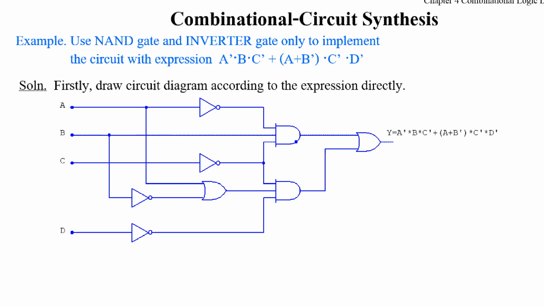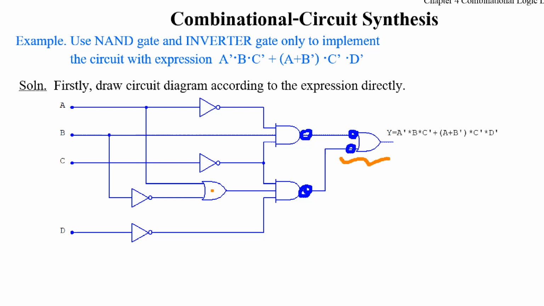For example, if I add an inverter here, a pair of inverters, it's the same result. Then I add more here, same result, right? Now this one is NAND already. This one also NAND gate already. This one also NAND gate already, right?